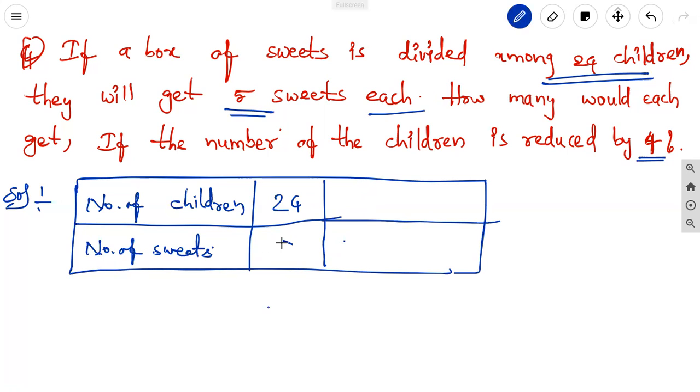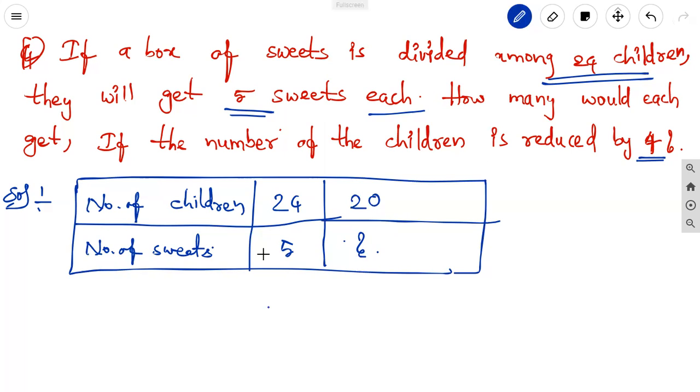For 24 students, each student gets 5 sweets. Here we reduced 4 students, so 24 minus 4 is 20 students. How many sweets does each get?